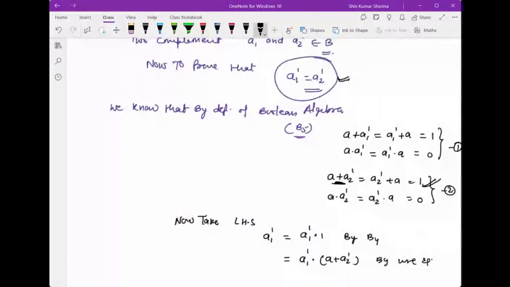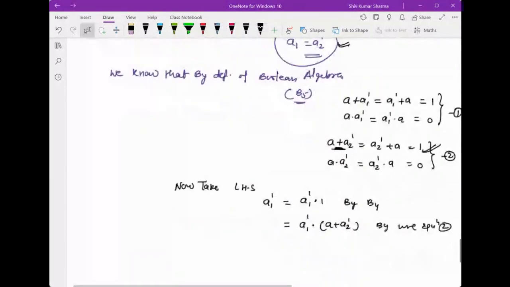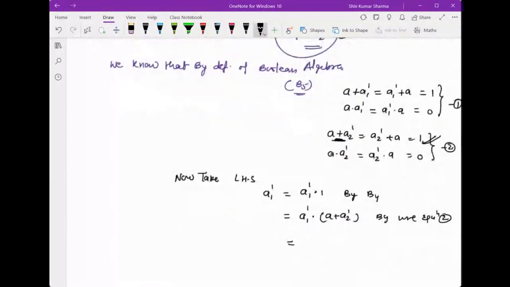Now we use the distributive law. So when you use the distributive law, you can write A1 complement into A plus A1 complement into A2 complement. This we have done by using B3.